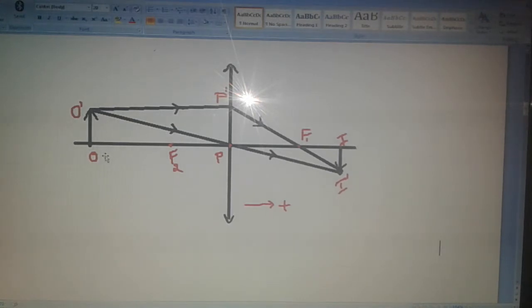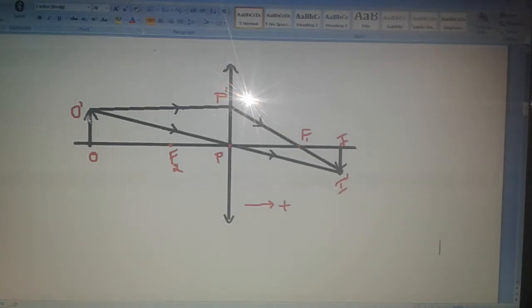And here we consider another ray that passes through the optic center P from O prime. Any ray that is passing through the optic center P will not deviate as per the refraction rules.